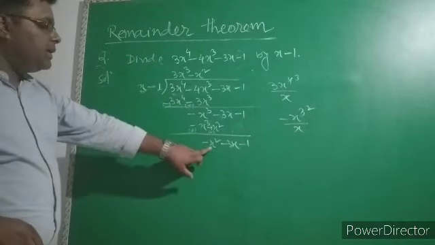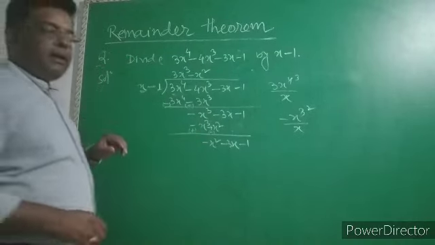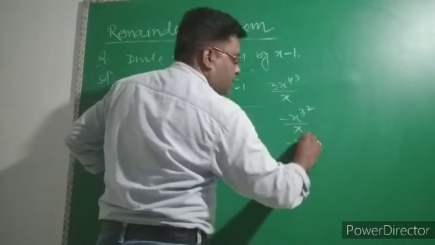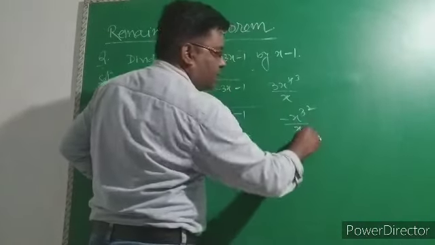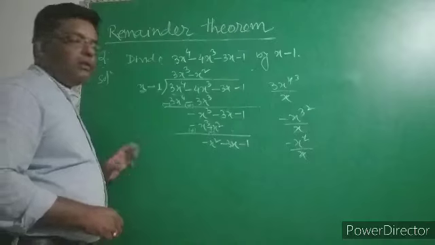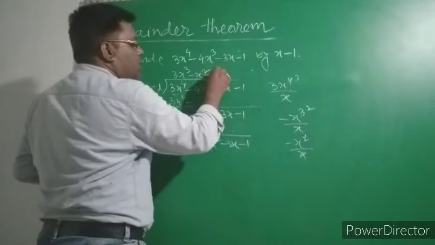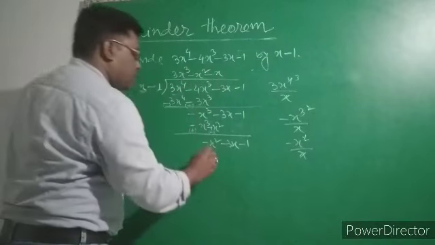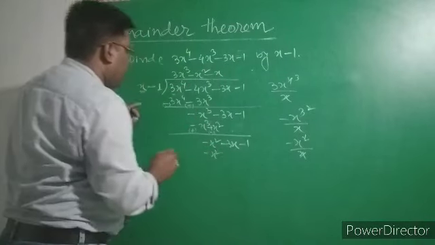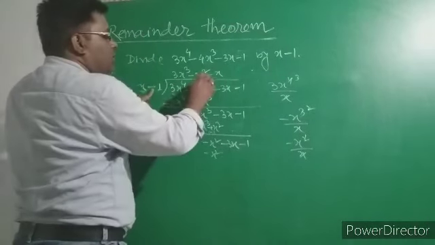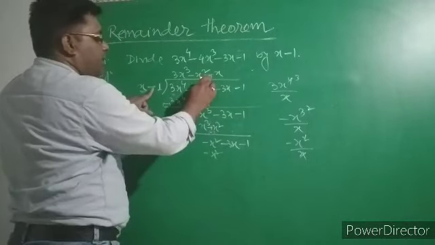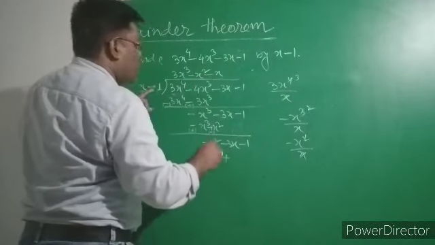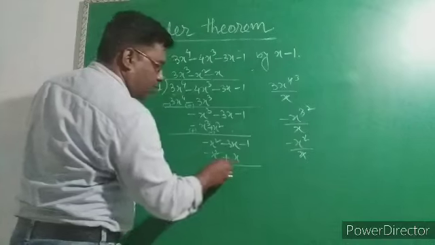Next, we have to divide this minus x square by x. Minus x square by x, so 1 x cancels, so minus x will be there. So minus x is in the quotient. So minus x into x, we get minus x square. That is minus 1 into minus x. This minus and minus become plus, 1 into x becomes x.